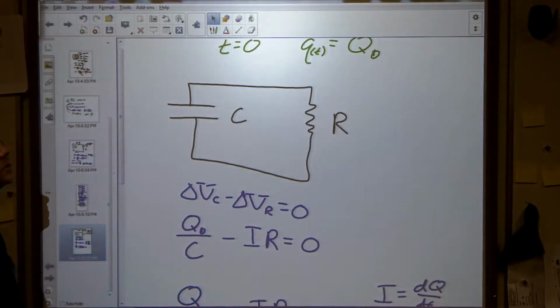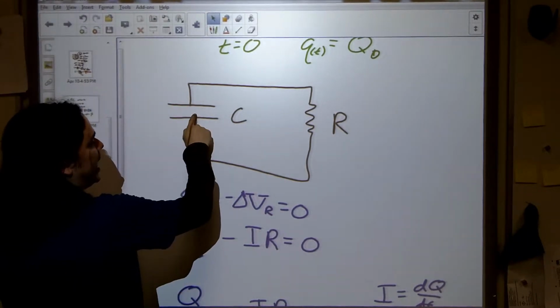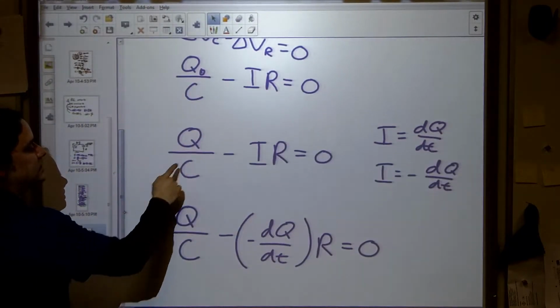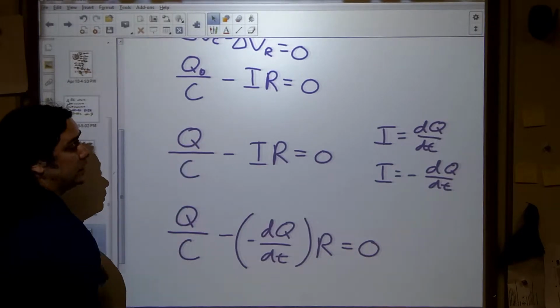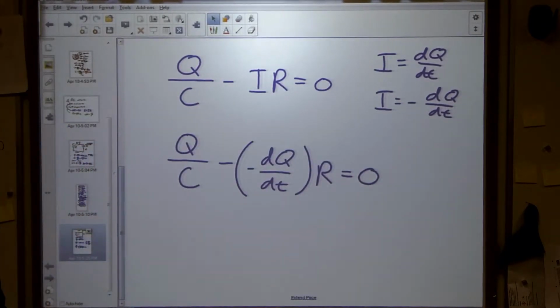In this case, the capacitor is charged and it is no longer taking energy from a battery. It is giving energy to the rest of the circuit. That is why it suddenly has switched from a negative to a positive. There are a few things that are subtly different in this circuit than the one we saw before. It is different when you are charging a capacitor than when you are discharging a capacitor.